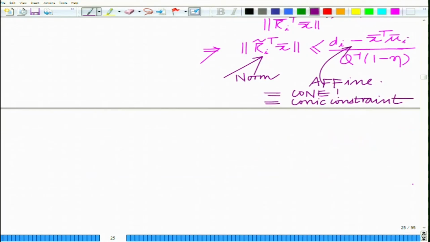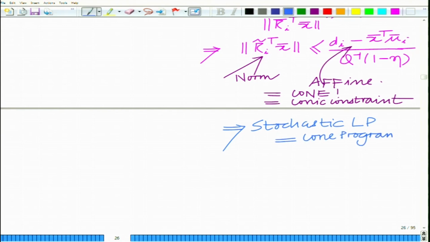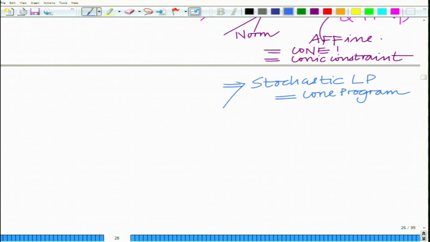So, this implies that the robust linear program that we are talking about, or the stochastic LP, you can call it the stochastic LP, equals a cone program, it has conic constraints. Okay.